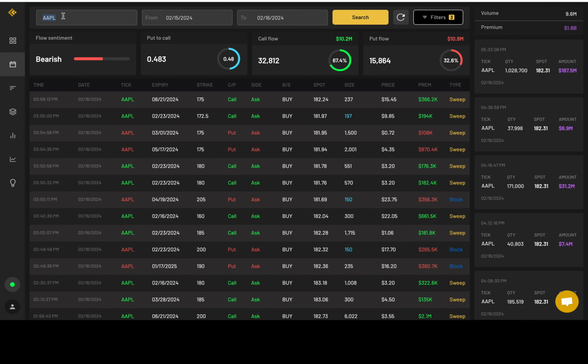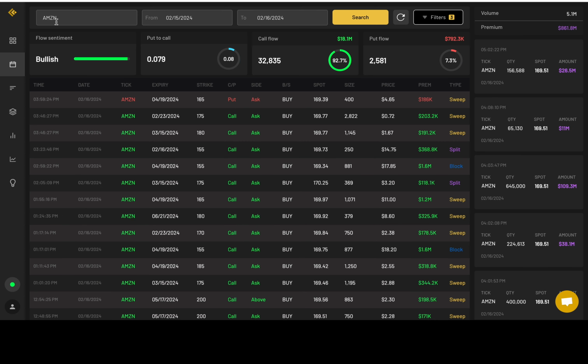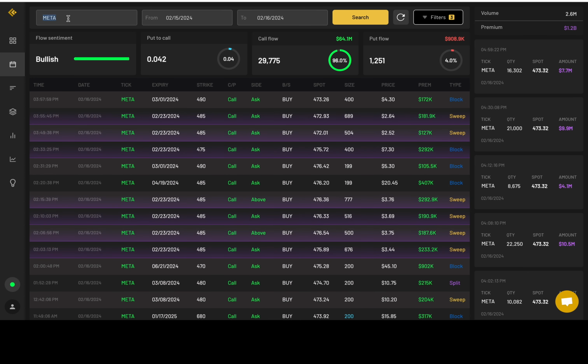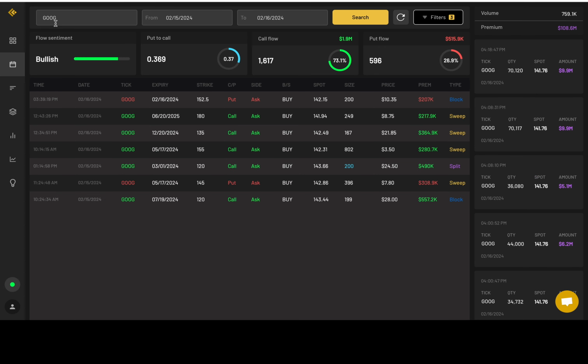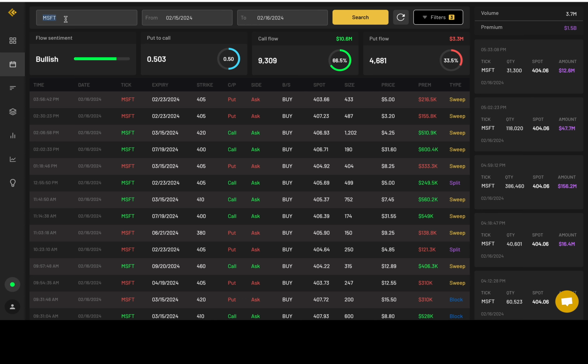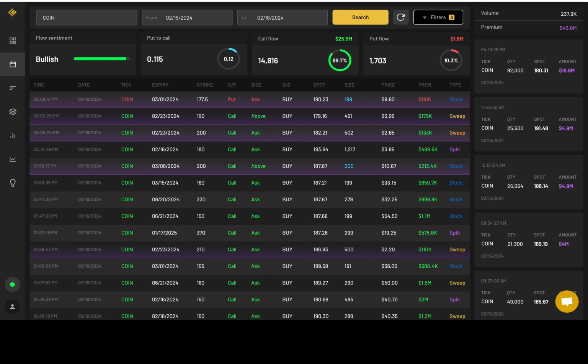Apple was bearish. Amazon was bullish. Netflix is bullish. Meta is bullish. Google is bullish. Microsoft is bullish. And Coin is bullish.